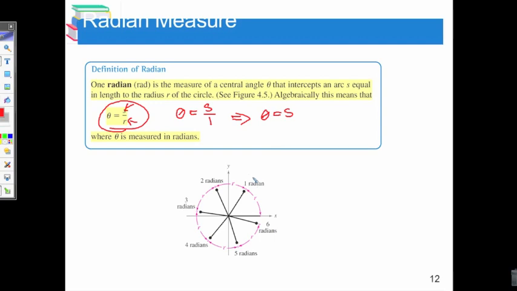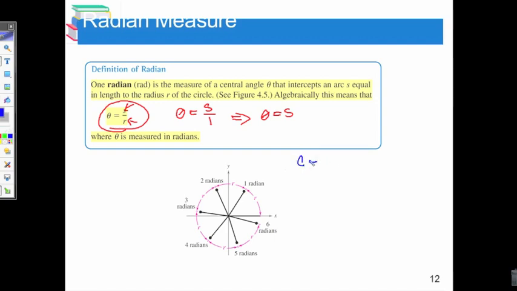Now, if we think about a full circle, right, and theta is supposed to be equal to the arc length of that circle. Again, we're talking about a unit circle, so the radius is 1. If I were to go all the way around a circle, the arc length of the entire rotation of the circle is essentially its circumference.